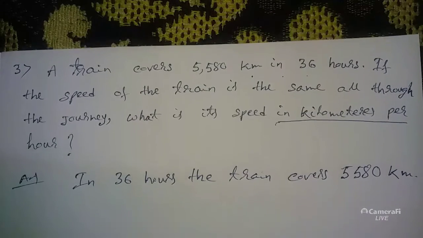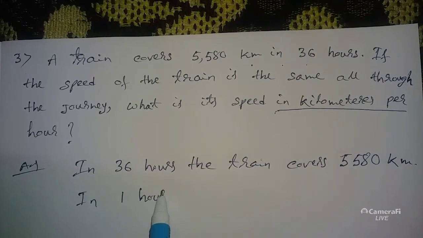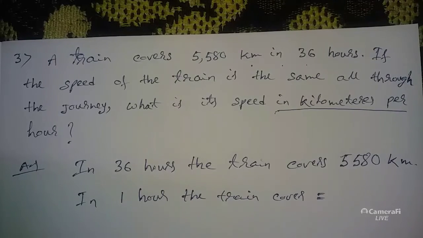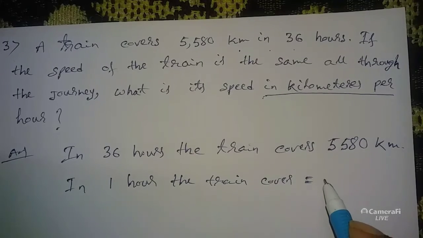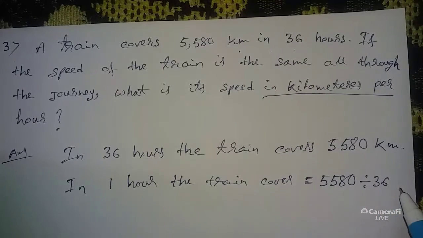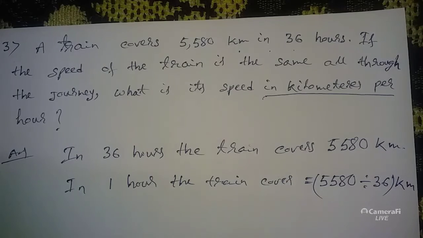Okay, so in 1 hour the train covers how many kilometers? It will decrease at the same rate, so you have to divide 5580 by 36, this is the kilometers in 1 hour.